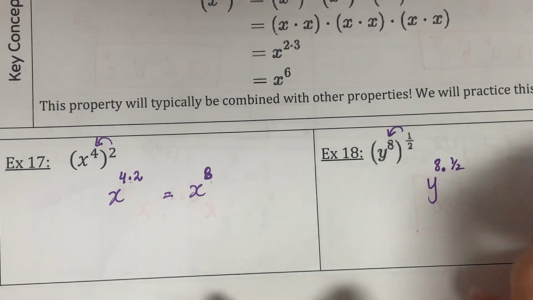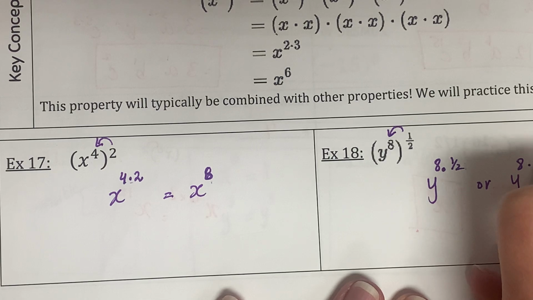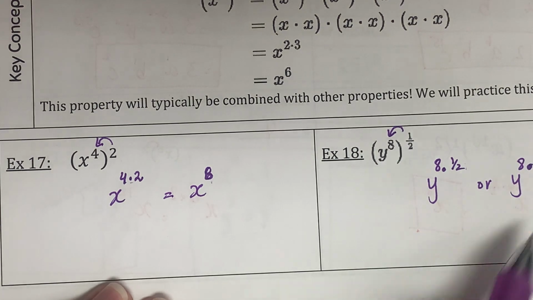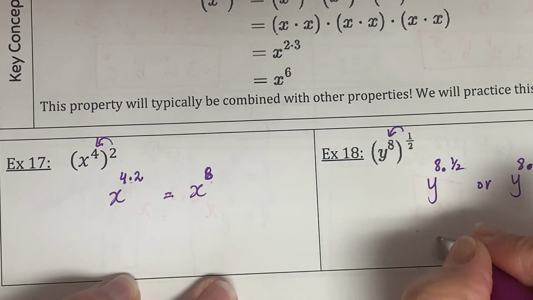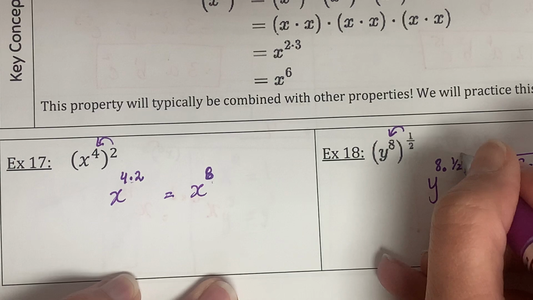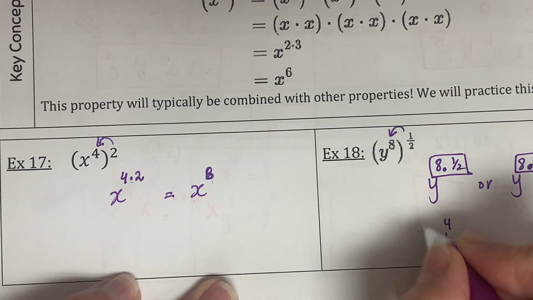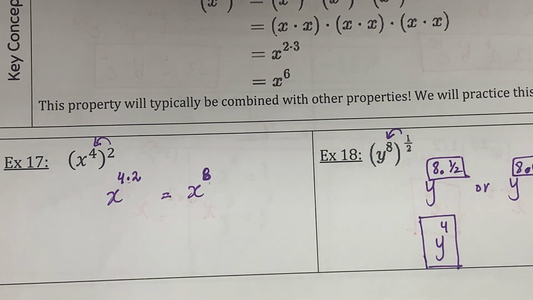You can even write it as 0.5, because 1/2 is 0.5. If you can't multiply this part in your head, half multiplied by 8, just use a calculator. It's 4. So this is your final answer, y to the power of 4.